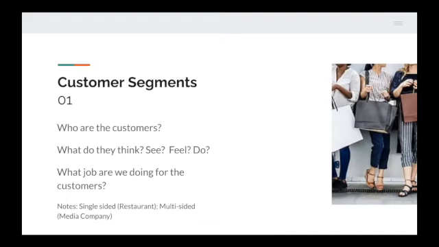There are multiple different types of customer segments, but there are also multiple types of business models that can address customers. For example, if you're a restaurant, primarily your customers are people who come to eat at your restaurant.